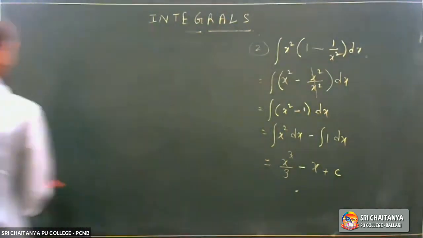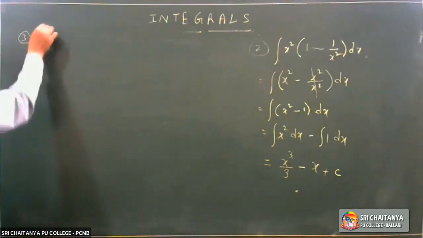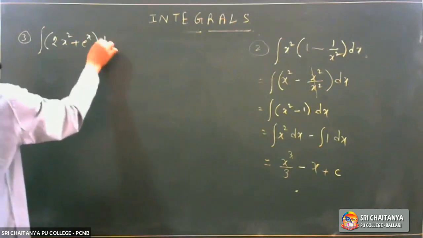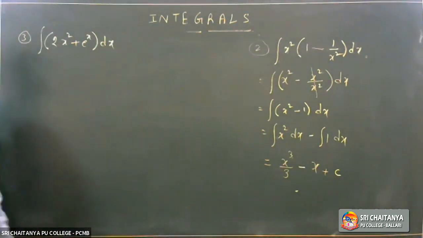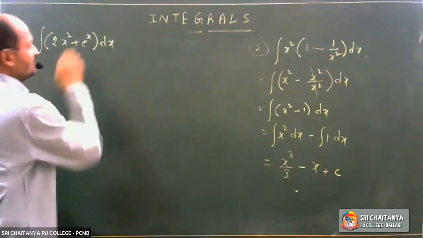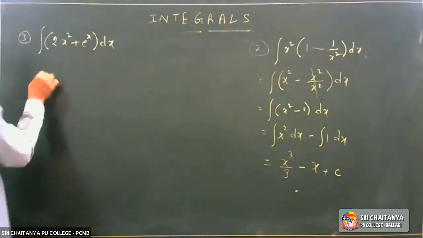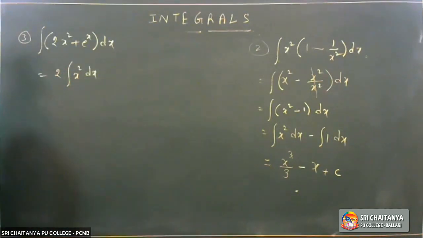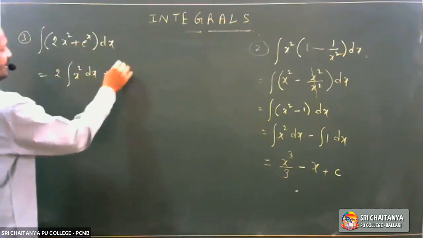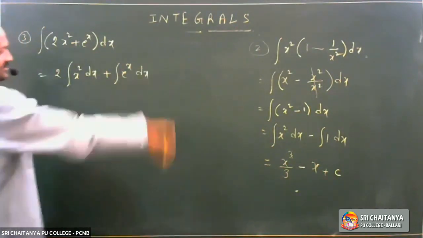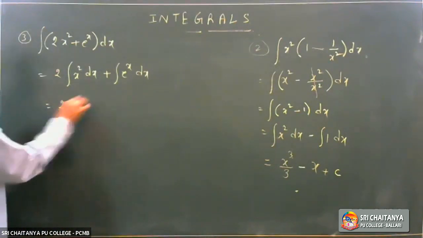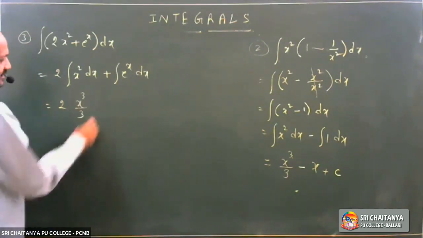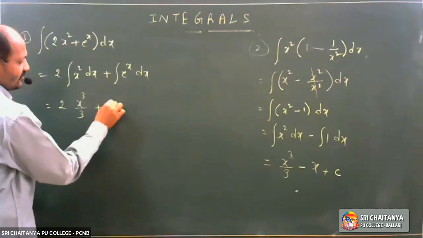Integral of 2x square plus e power x dx. It is 2 into integral of x square dx plus integral of e power x dx. 2 into integral of x square, x cube by 3, plus integral of e power x.